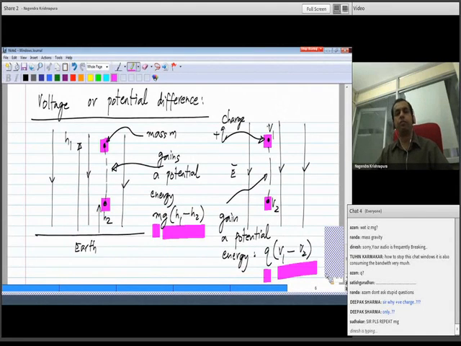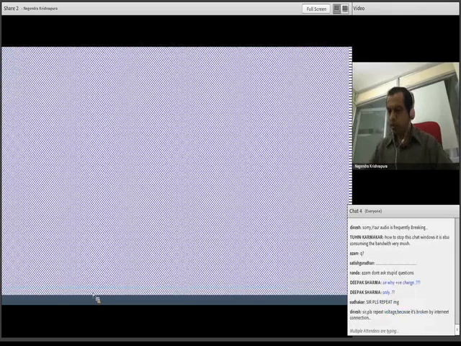The gravitational potential difference acts on the mass, and a mass that falls in a gravitational field will gain some potential energy. Similarly, an electric charge that falls in an electric field will gain some potential energy. Okay. So when we are talking about circuits, we will not worry about potential energy or electric field. We will talk only about the potential difference. Okay.